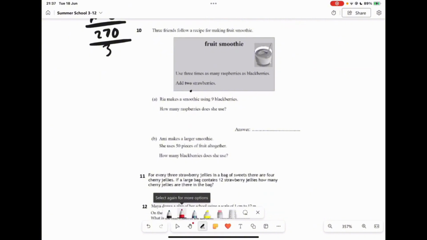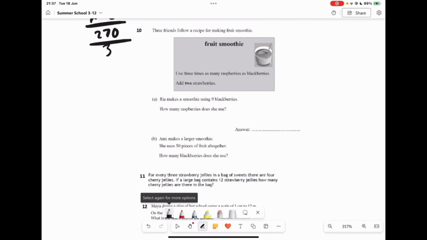3 friends follow a recipe for making fruit smoothie. And then it says to use 3 times as many raspberries as blackberries, and also add 2 strawberries. Okay? So Ria is then making a smoothie using 9 blackberries. So how many raspberries does she use?